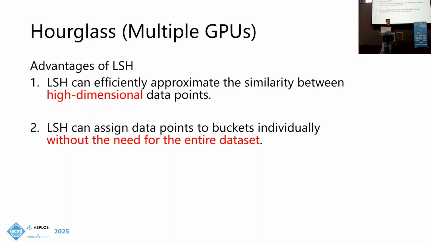So if we use k-means to cluster, the scheduler has to wait for the intermediate features to arrive at the fed server and then process the clustering procedure. But LSH does not need to wait for the entire dataset. So this is the second advantage of LSH compared to the k-means clustering method.